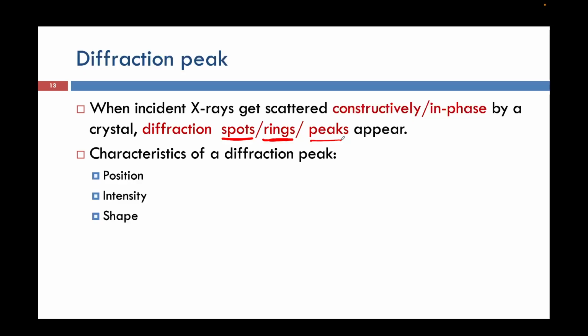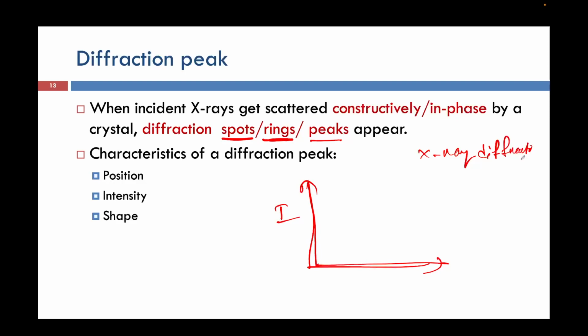But the characteristics of a diffraction peak, let's say here this is a diffraction peak. Now if I am talking about the X-ray diffractogram, the peaks will be coming like this.